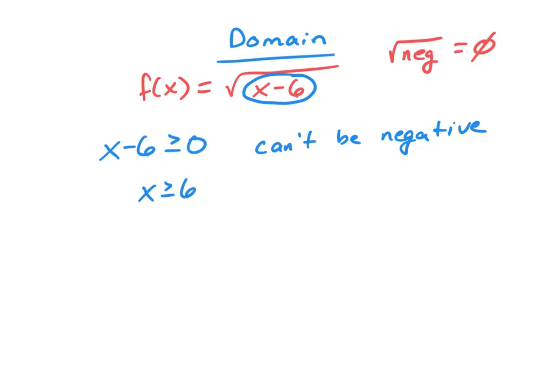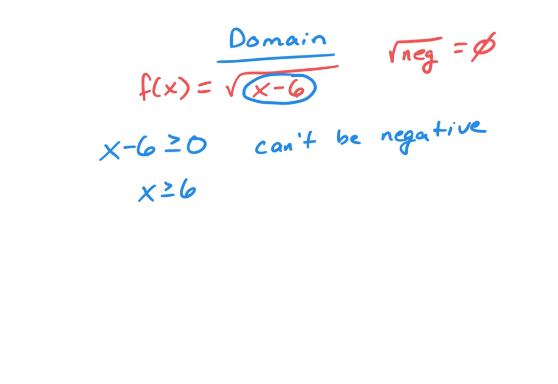So just think about what's going on here. If I plug in 6, 6 minus 6 is 0, I can take the square root of 0. If I plug in 7, because it's bigger than 6, 7 minus 6 is 1, I can take the square root of 1, right? But if I were to plug in like 5, 5 minus 6 is negative 1, and right now, we can't take the square root of that negative. So we're just saying what x values are going to work here.